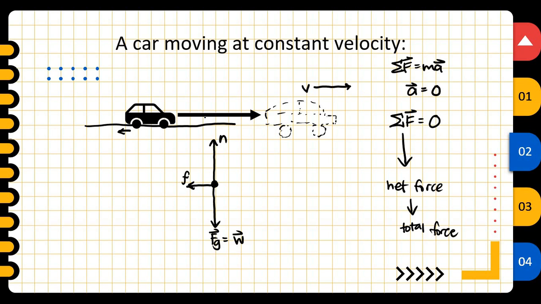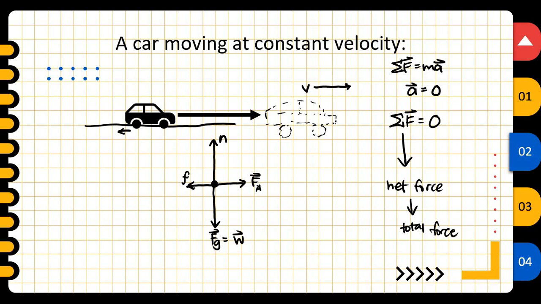Alright. And how about the applied force? The applied force is, of course, towards the motion of the object. So the driver steps on the gas pedal, and that force exerted by the driver would cause the car to move forwards. So right now, this would be the applied force of the driver on the car.